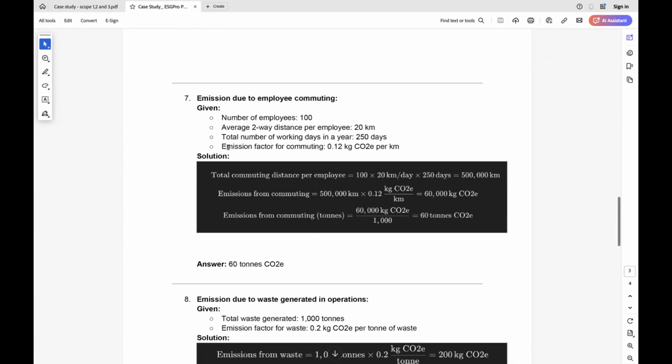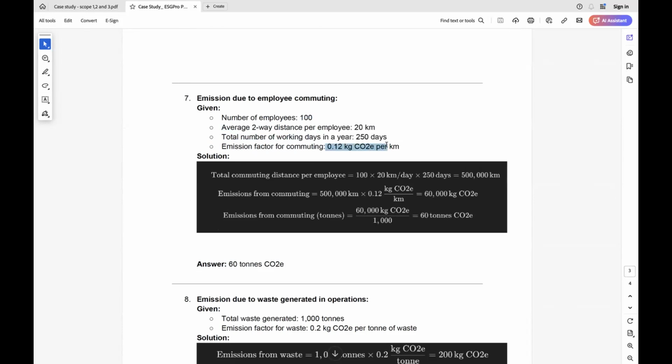And in this case, employee commuting, of course, here what we have done, we have taken an average. We do not have exact data, right? There is no exact data available. So we have taken the average distance per employee who are traveling to my company. Two-way, I have considered 10 kilometers coming, 10 kilometers going. We have also assumed the total number of working days, which is 250. In that case, how many employees? 100 employees.